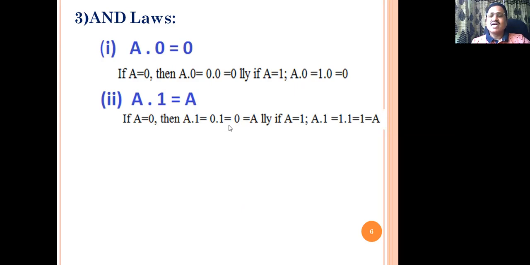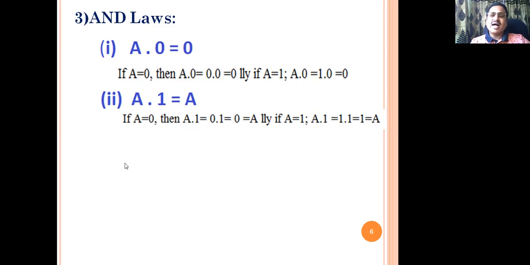ANDing of 0 with 1 is always 0 by an AND gate. That means equals A assumed. Now if you take A as 1, in the left hand side A and 1, replace A by 1, 1 and 1 for an AND gate with both inputs 1, the output goes 1. That is A we have taken, equal to 1. Thus A and 1 always equals A.